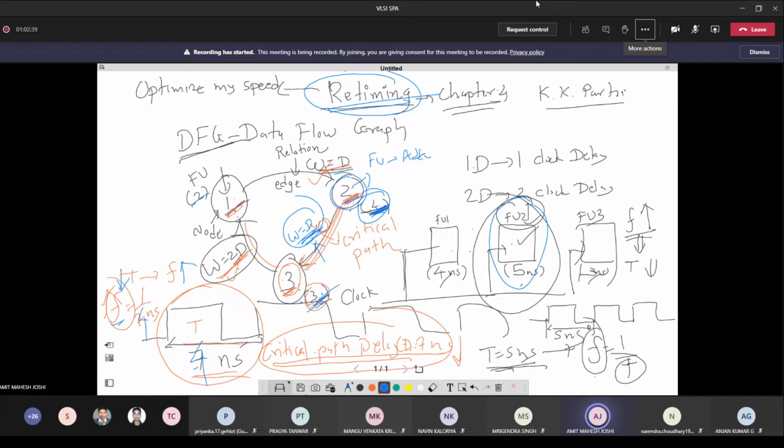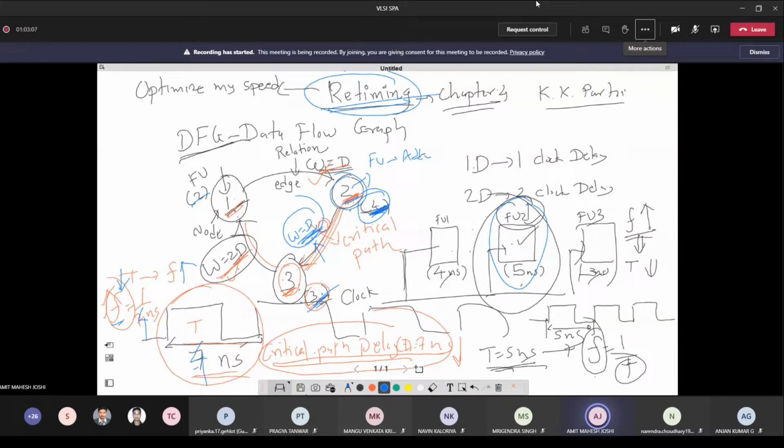Again, I am rephrasing: for this particular graph, if all the edges have a delay, then that would be the base case for me. For that case, the minimum period of my clock is decided by the maximum delay of a particular node.